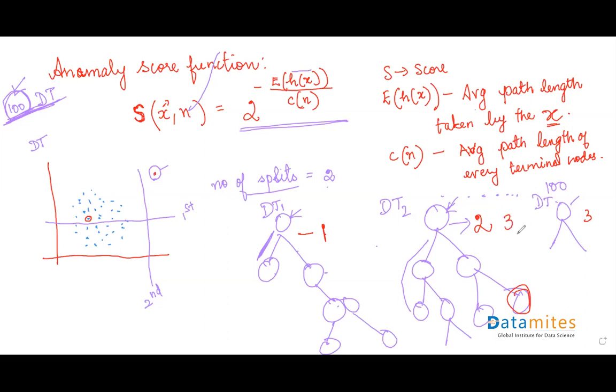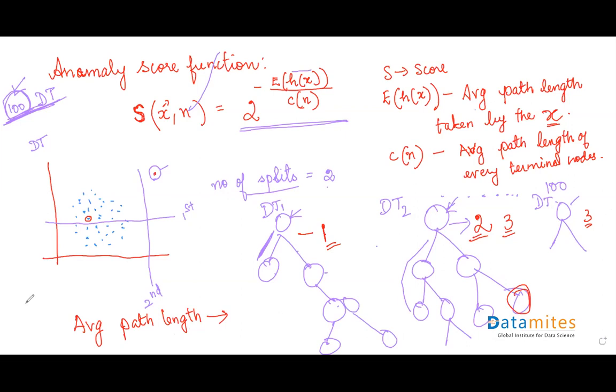In 3 splits we got the data point isolated, and like this it is going to see the number of splits taken in each decision tree, and with these values it is going to take the average path length. So how will it take the average path length? It is going to add all these and divide by 100. So we have 100 decision trees, so we will get 100 numbers of splits, one in each decision tree for each data point.